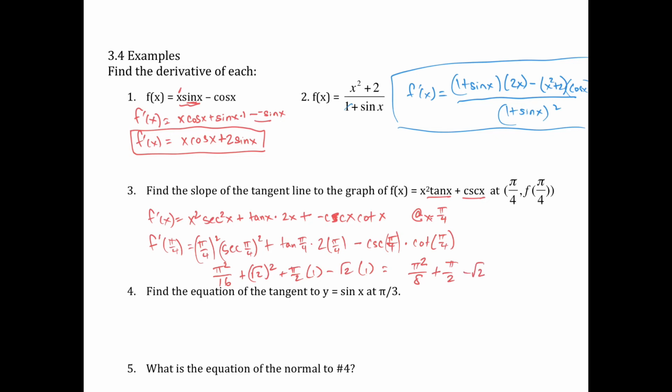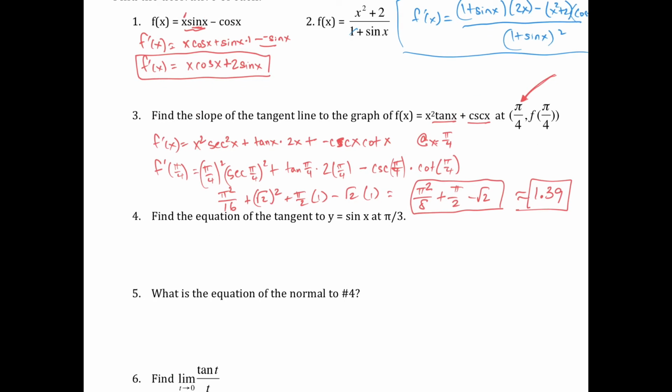And if you did this on a calculator, you would end up with approximately 1.39. Notice I said on a calculator. I will show you guys in class how to take these derivatives using your calculator, but the trick is on your calculator it has to be at a point. So I will show you that in class.